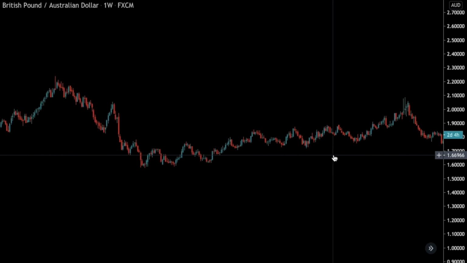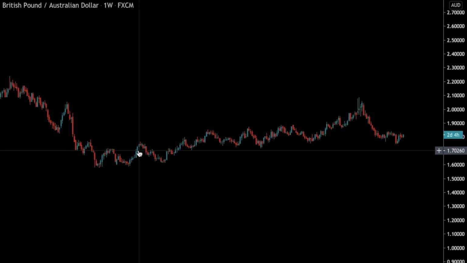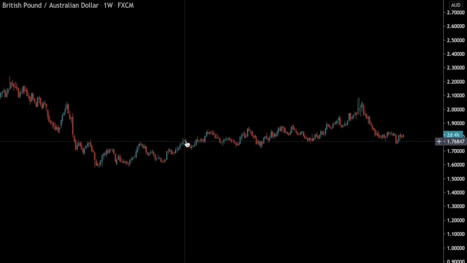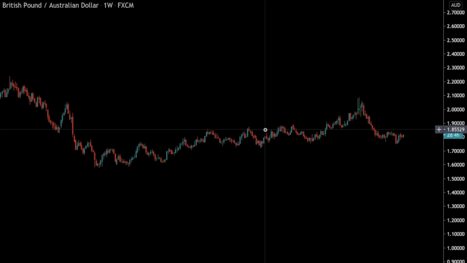So that is the basic knowledge of price action. Where are the trends? What are they doing? Higher highs, higher lows, where is it trending?